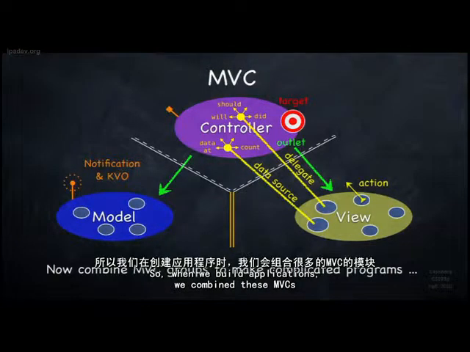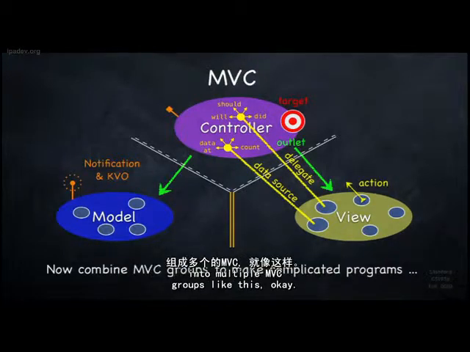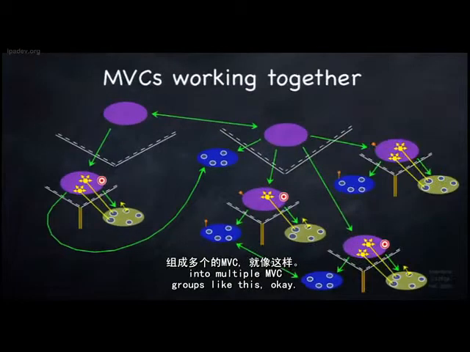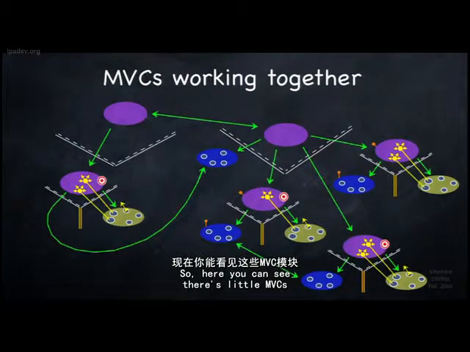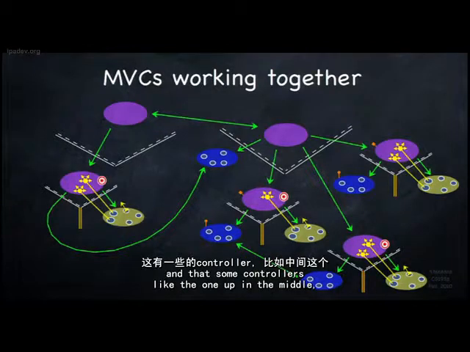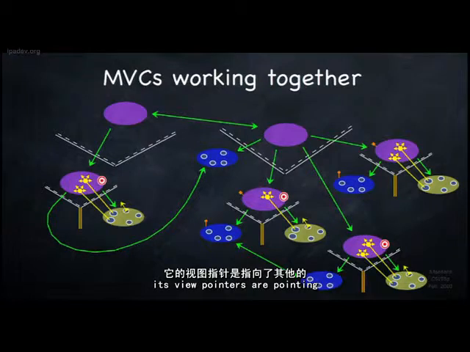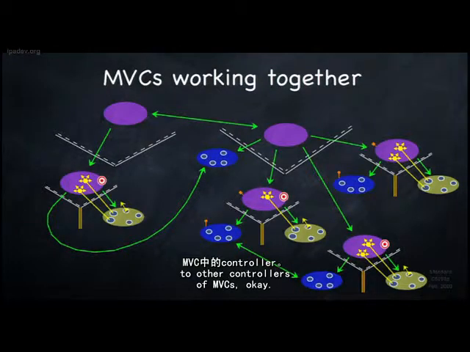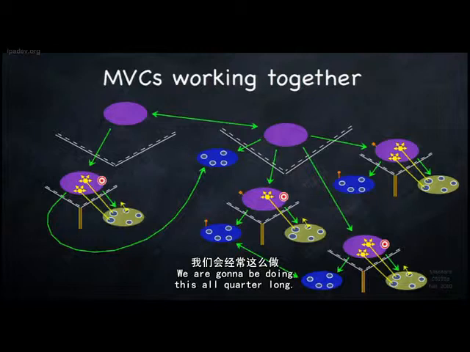So when we build applications, we combine these MVCs into multiple MVC groups like this. Okay, so here you can see the little MVCs, and that some controllers, like the one up in the middle, its view pointers are pointing to other controllers of MVCs. Okay, we are going to be doing this all quarter long.